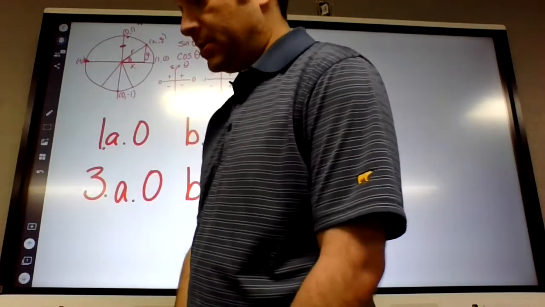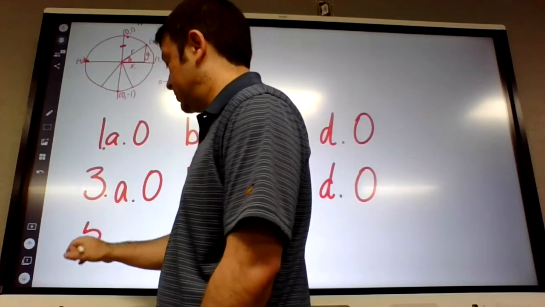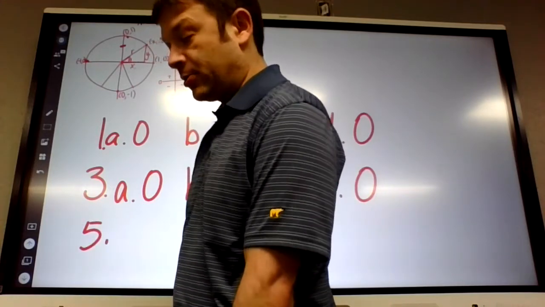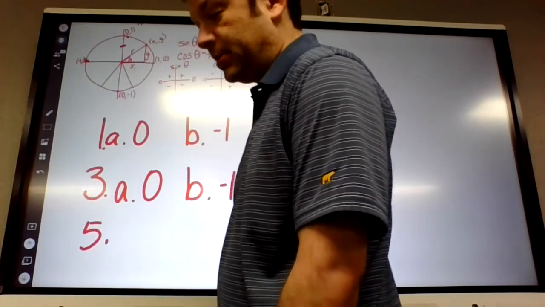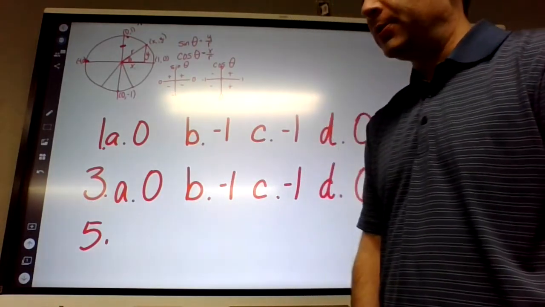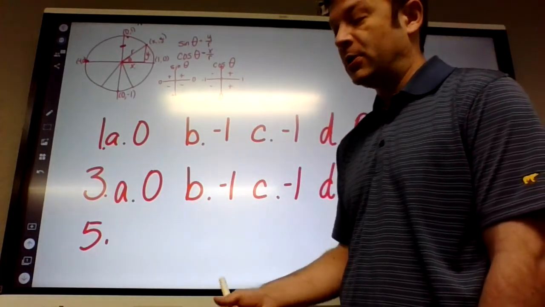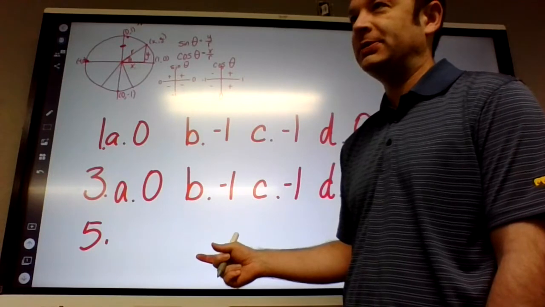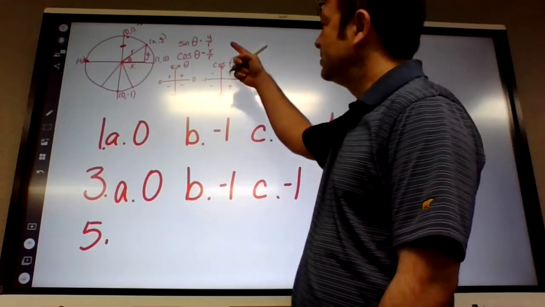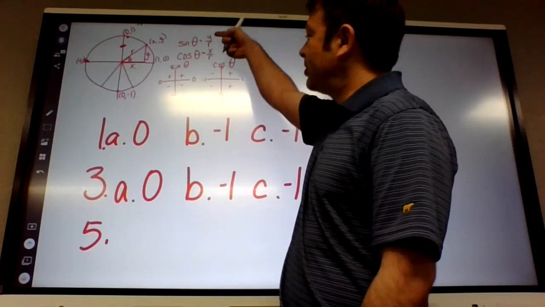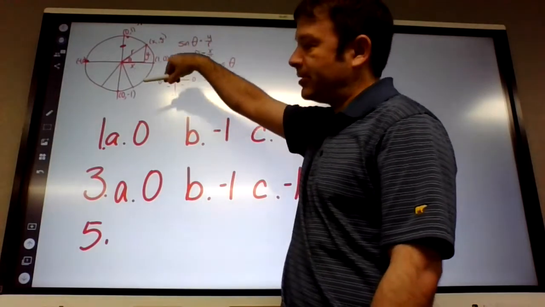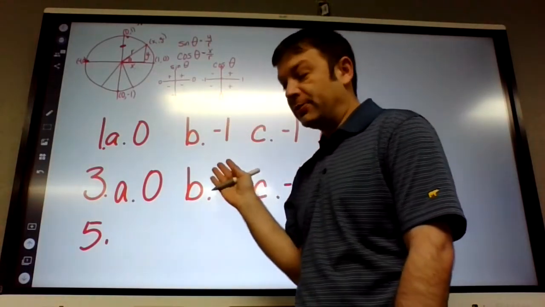Okay, so number 5, name the quadrant described. Sine of theta is greater than 0, so sine has to be positive. What quadrants was sine positive in? 1 and 2. It's based on the y, so it's positive at the top. And then cosine's positive on the right.